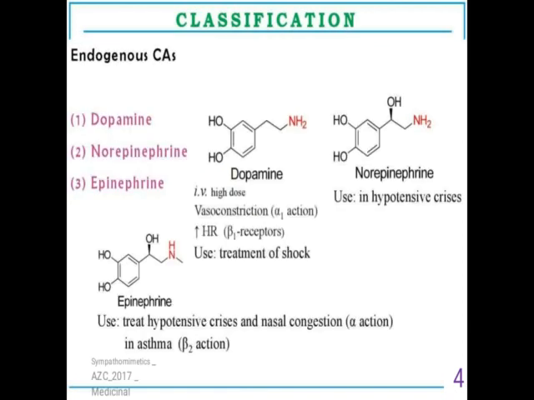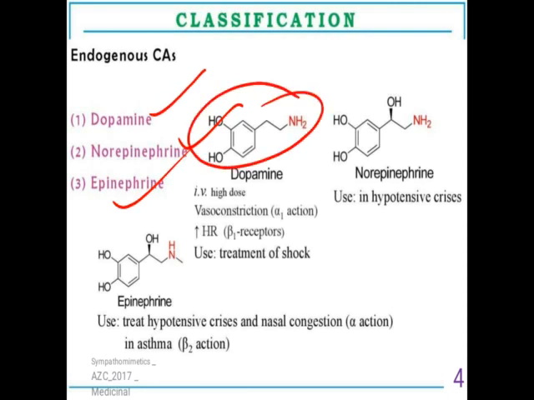Among the endogenous catecholamine agents, you can observe there are three: dopamine, norepinephrine, and epinephrine. Dopamine, here you can observe the structure of dopamine. There is absence of a hydroxy group. It causes vasoconstriction through alpha 1 activity, and it increases heart rate through activity on the beta 1 receptor.